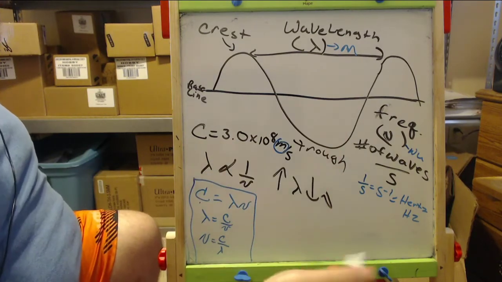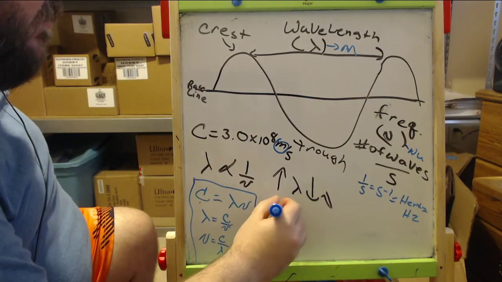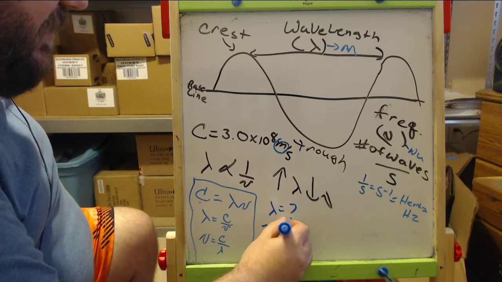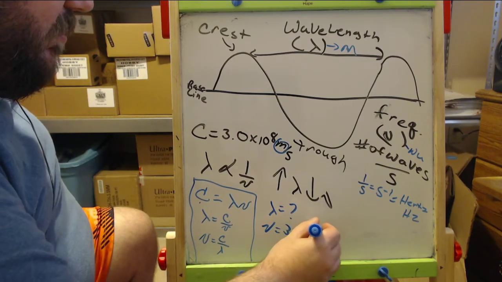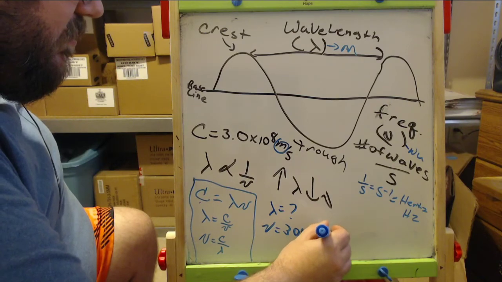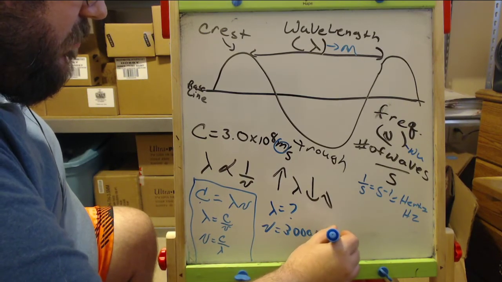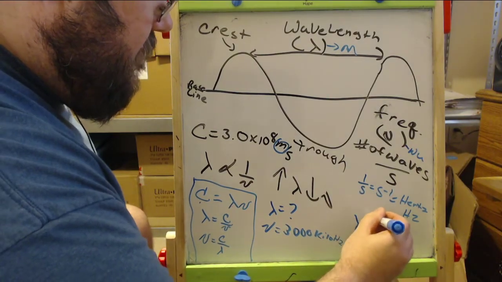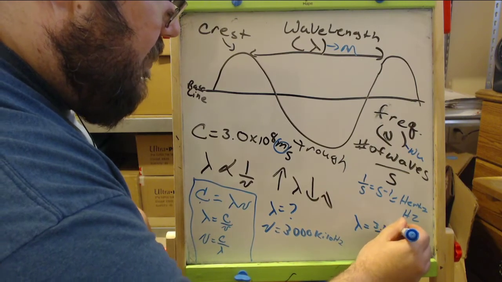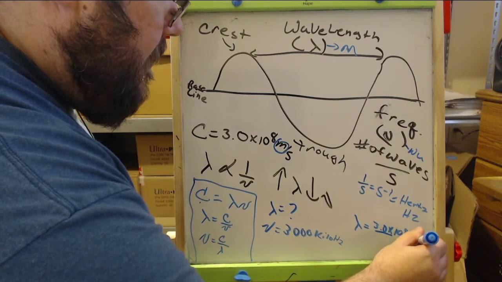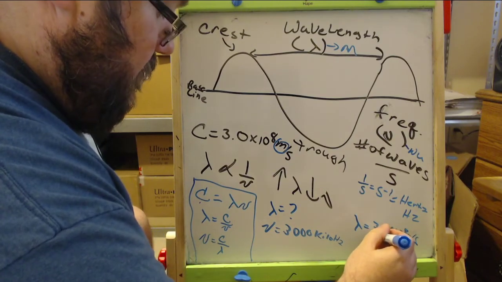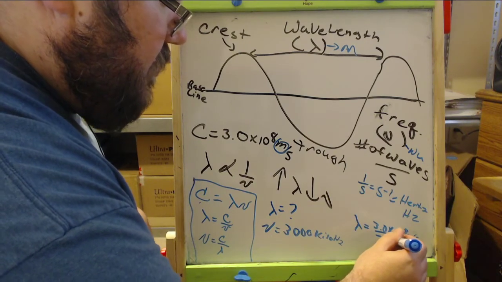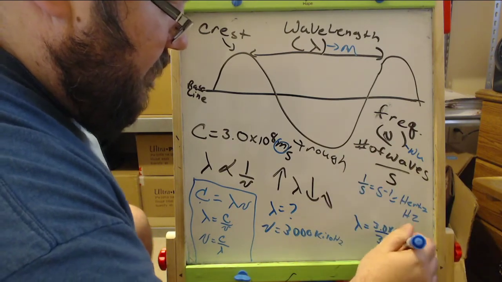So if we were doing a problem here and we wanted to find the wavelength, what's the wavelength? And we are given a frequency of, let's say, 3,000 kilohertz. We would simply set it up. Wavelength equals 3.0 times 10 to the 8th meters per second over the frequency, which is 3,000 kilohertz, which is actually, we've got to move the decimal 3 to the right.